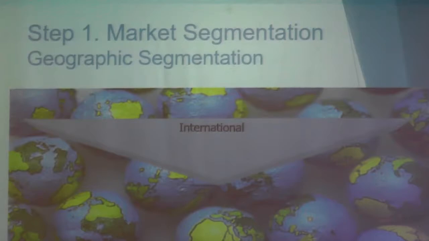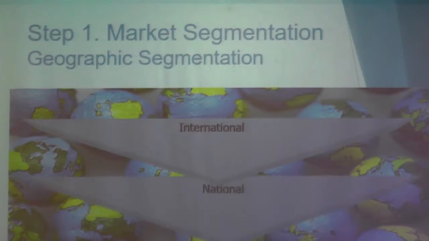So a product such as heaters, you're going to segment based on the geography, where the location is, climate, etc. So whether it's international, national, or city, that's how it is marketed. So geographical segmentation is about where you live.